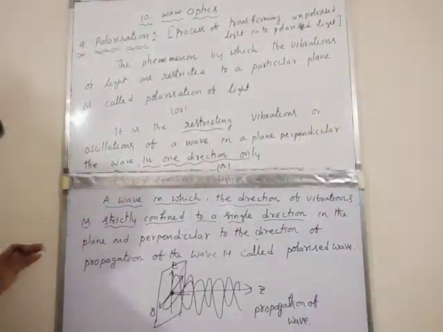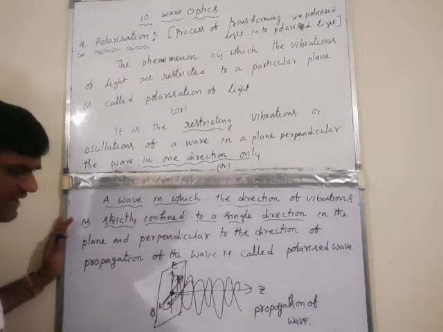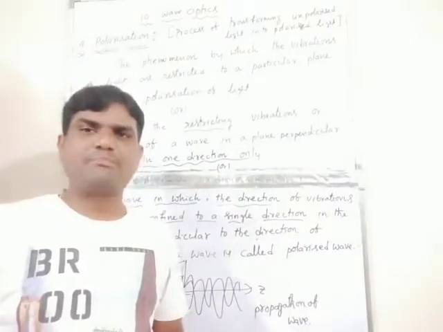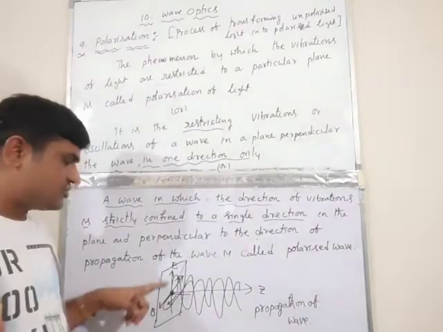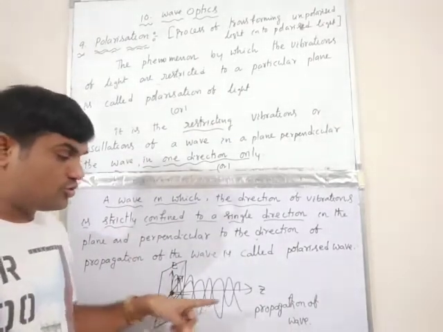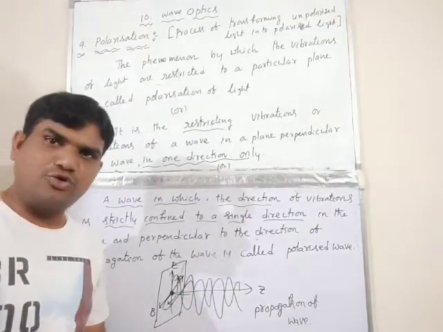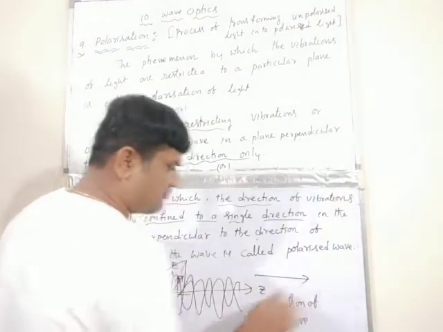Electric field and magnetic field are both perpendicular, as well as perpendicular to the propagation of the wave.